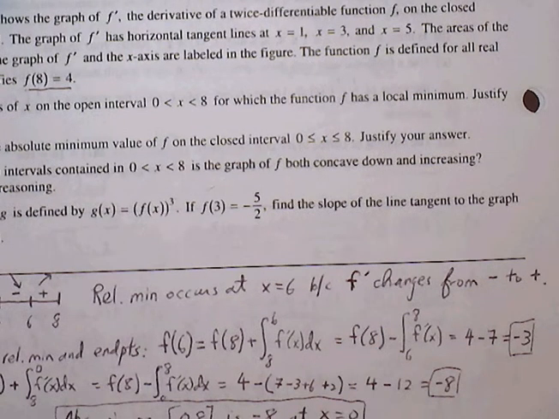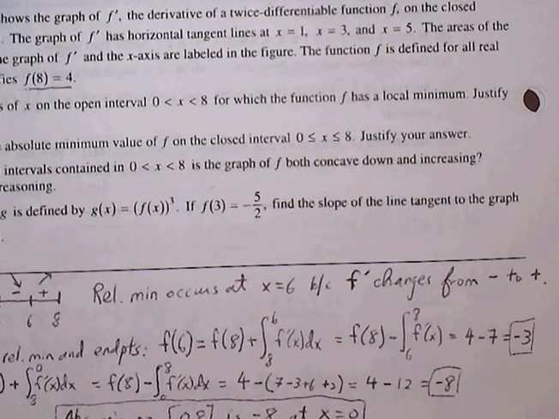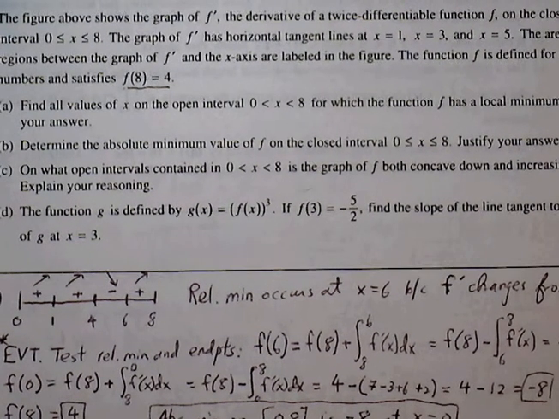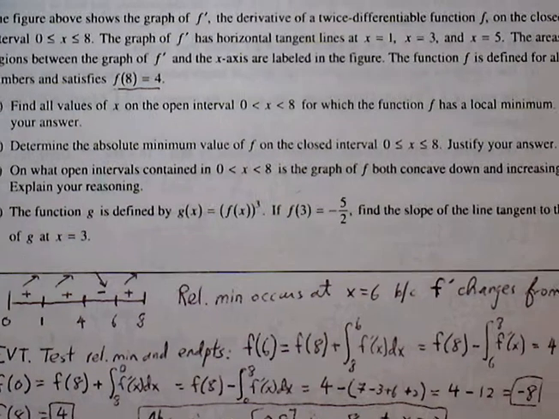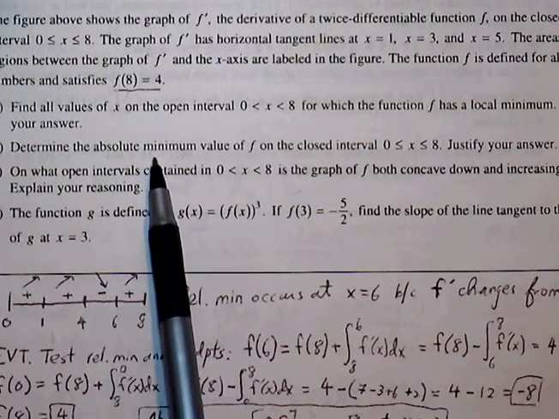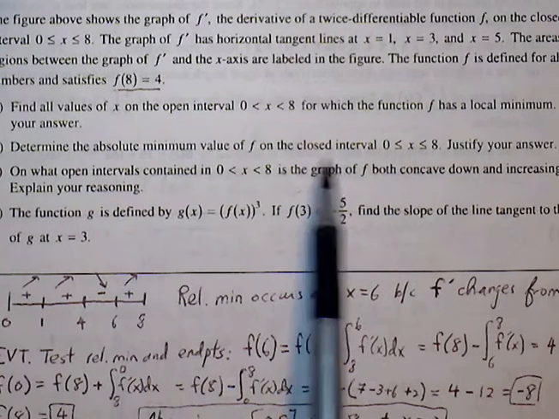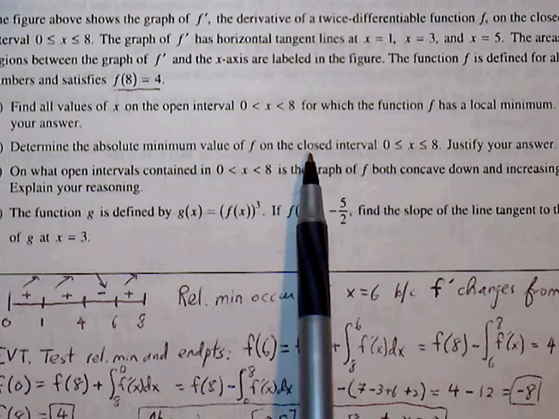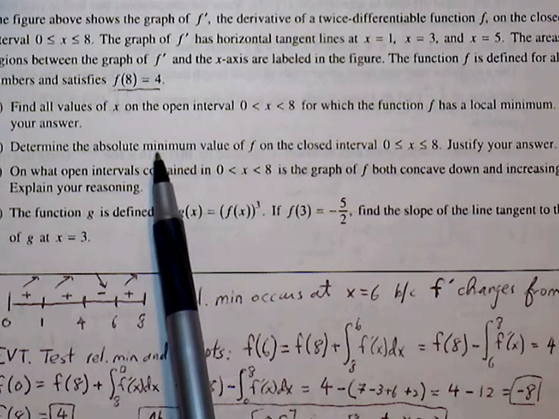Okay, part B. Determine the absolute minimum value of f on the closed interval from 0 to 8. If we want to find the absolute minimum value and it's a closed interval, this is referring to the extreme value theorem. So the extreme value theorem says if we want to find the absolute minimum, we're going to have to test the relative minimum and test the endpoints.